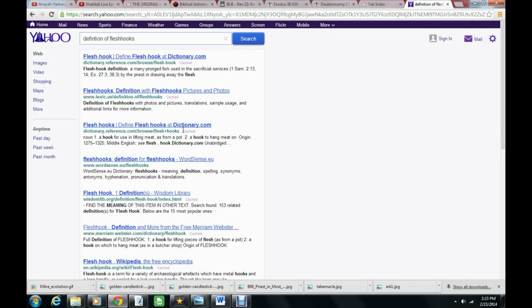A many-pronged fork used in the sacrificial services by the priests in drawing away the flesh. A hook for use in lifting meat as from a pot, or a hook to hang meat on. So we can go ahead and look at pictures right here.